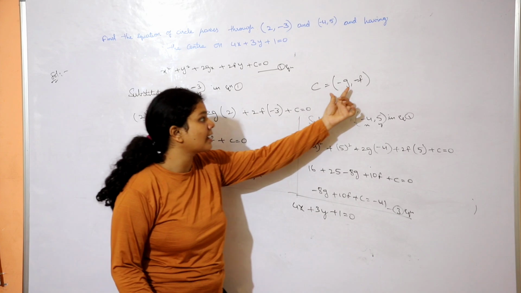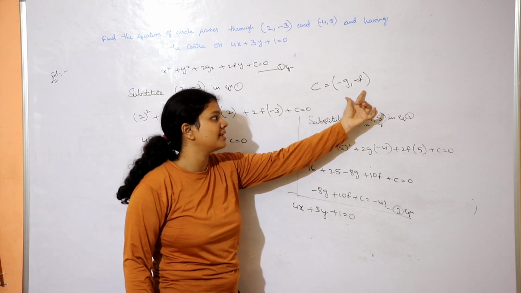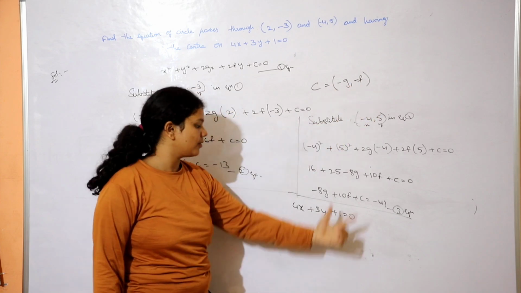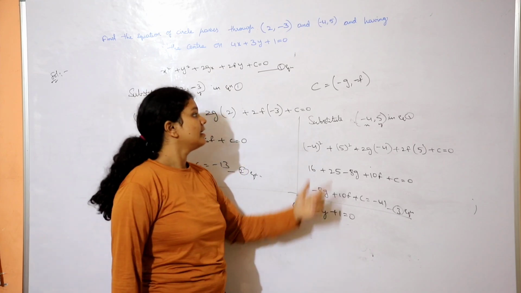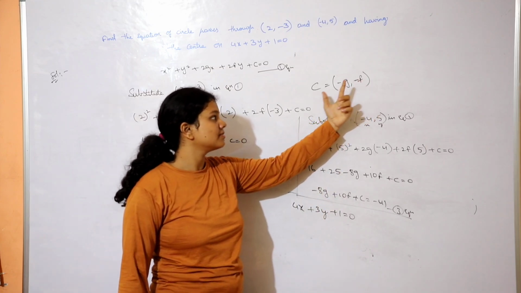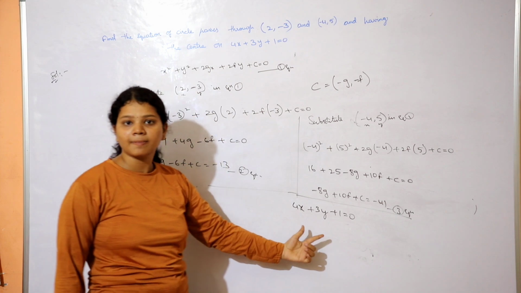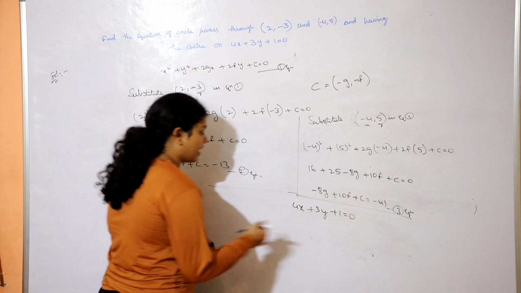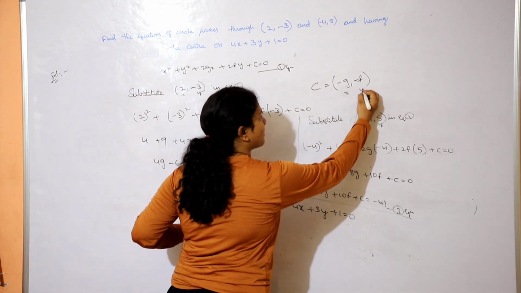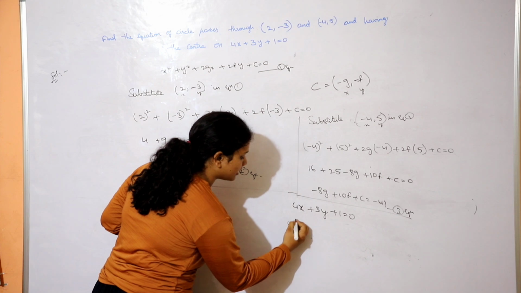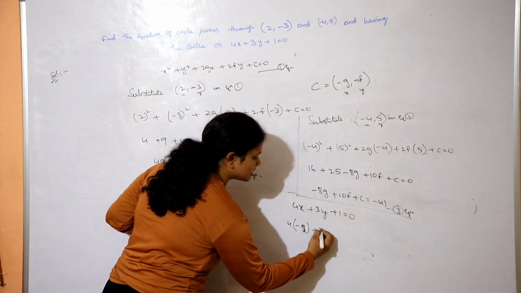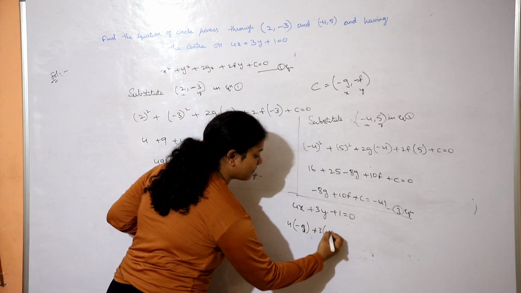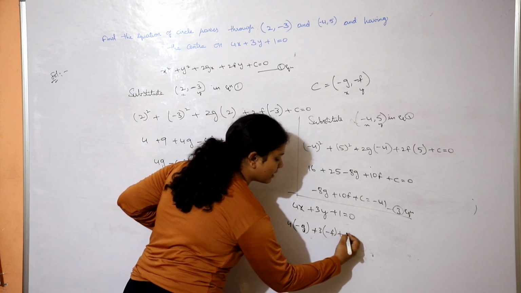Now what you do is take C, minus g comma minus f, and substitute this value in this given equation. Are you getting it? Let minus g be x and minus f be y. So 4 into x means minus g, plus 3 into y means minus f, plus 1 equal to 0.